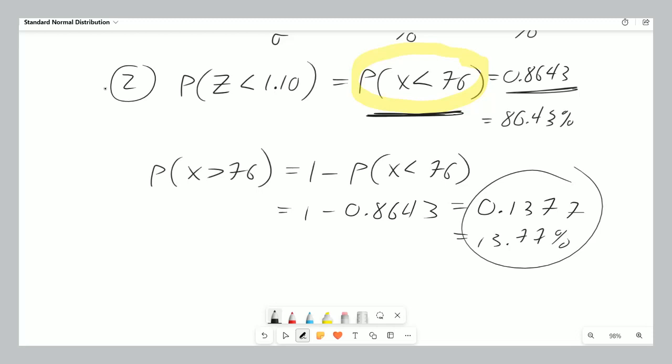Now you might be thinking, oh, hold on, but it is possible to get 76 on a test, right? Yeah, it is possible, and representing our test score as a continuous random variable is an approximation. Representing it as a normal distribution is an approximation. Chances are your test scores won't exactly follow the normal distribution, but it's an approximation that is very, very useful because so many things in nature approximately follow the normal distribution.